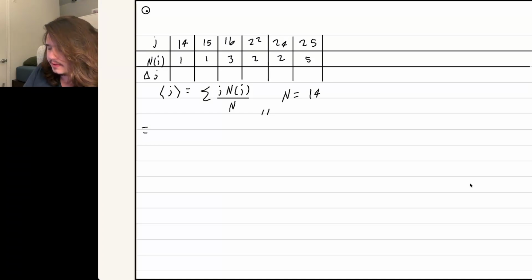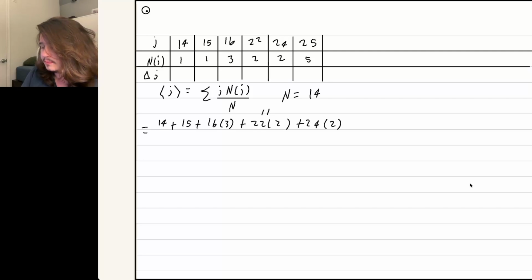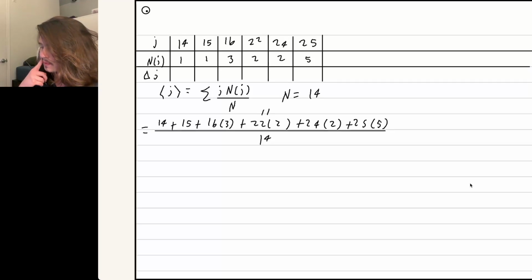That's just going to be 14 times 1 plus 15 times 1 plus 16 times 3 plus 22 times 2 plus 24 times 2 plus 25 times 5, all divided by 14, which is going to be 21. That's the expectation value.